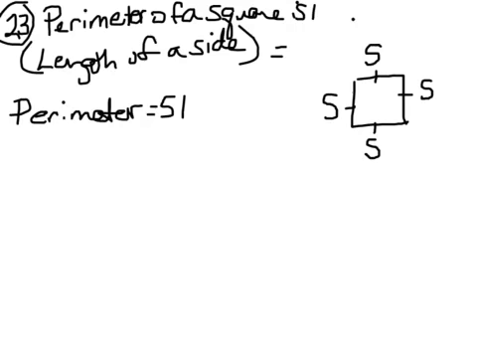I could say S plus S plus S plus S, but I know that's the same thing as 4 times S. So if you need to put S plus S plus S plus S, put it. But if you are comfortable with it, it'd probably be easier to put 4S, which looks like a 5 now, but it's not. 4S is 51. So S is the length of a side. That would be the variable they're looking for.